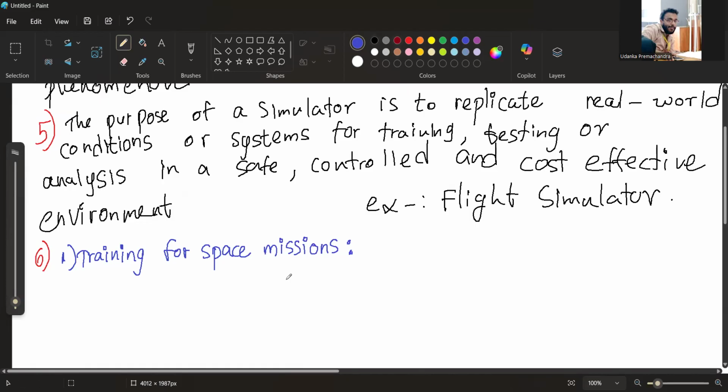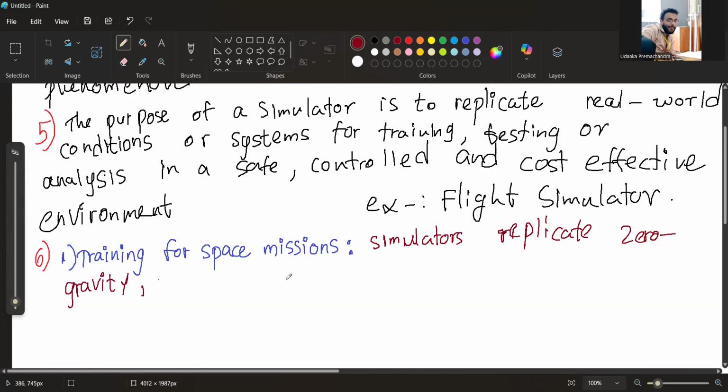Simulators replicate zero gravity, spacecraft control and emergency scenarios. They can practice with simulators that replicate the zero gravity, the atmosphere without gravity.